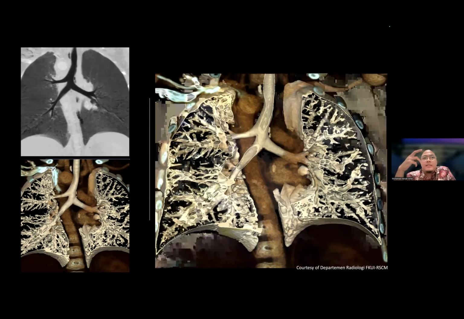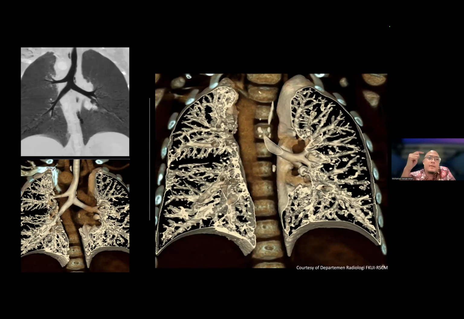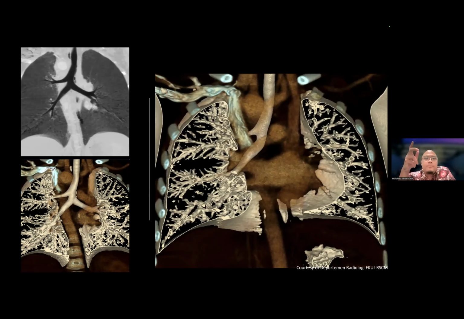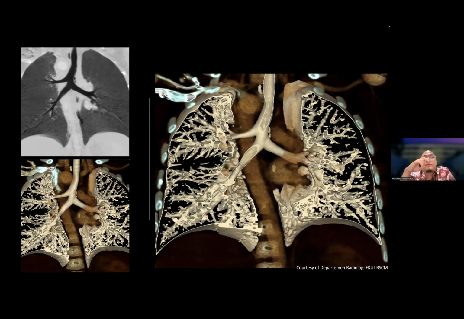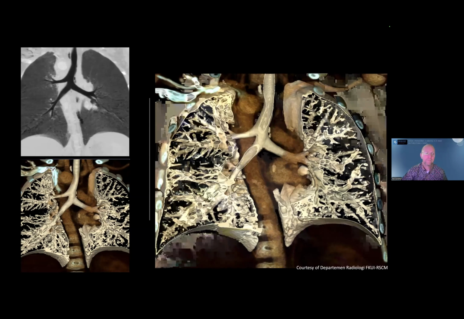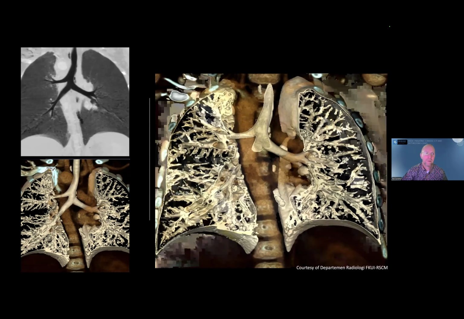It can be segmental, so it's only a segment, or a lobe, part of the upper lobe. Lobar. Yes, we have lobar tracheal bronchus or segmental tracheal bronchus. But to the left side, no.